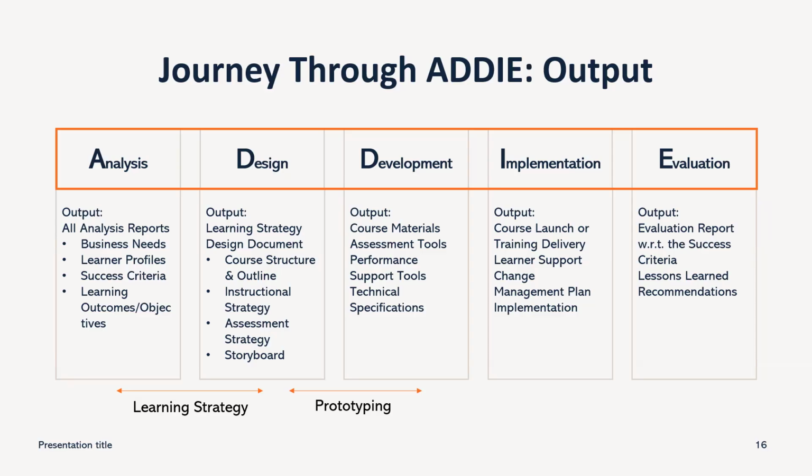And then here again you see the storyboard, because as I said earlier, the storyboard is an overlapping thing between design and development. Then we go to development, where we have course material, assessment tools, and performance support. Performance support tools are nothing but job aids, quick reference guides, sometimes simulations, any additional aid that can support learning. If you're using an LXP, we created a learning path for a company with the main e-learning, virtual sessions, and coaching sessions listed in the learning path.